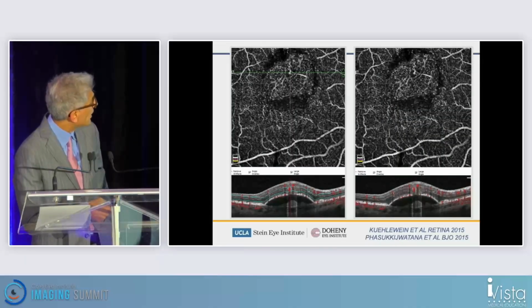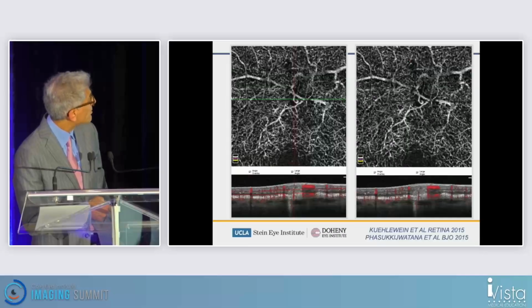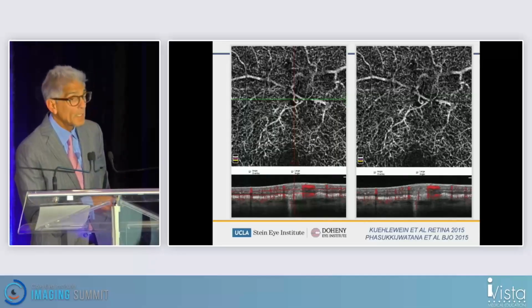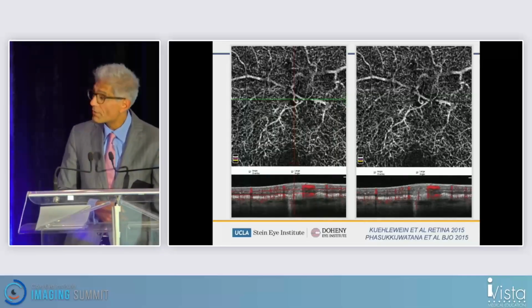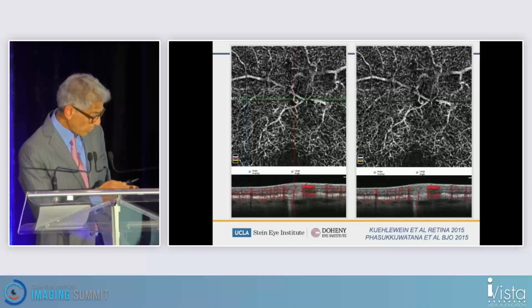You can see the flow, the signal of flow originating from the deep plexus into the RPE and causing this large serous detachment, even though this is an intraretinal neovascular membrane. And then after anti-VEGF therapy, you can see resolution of the RAP lesion or the type 3 MNV and collapse of the PED, and often resolution of the fluid, sometimes even just with one injection.